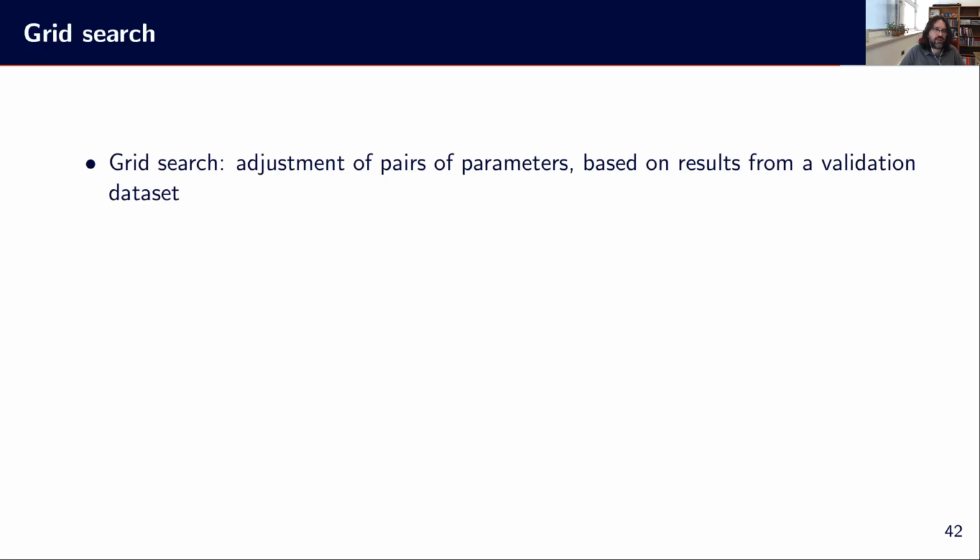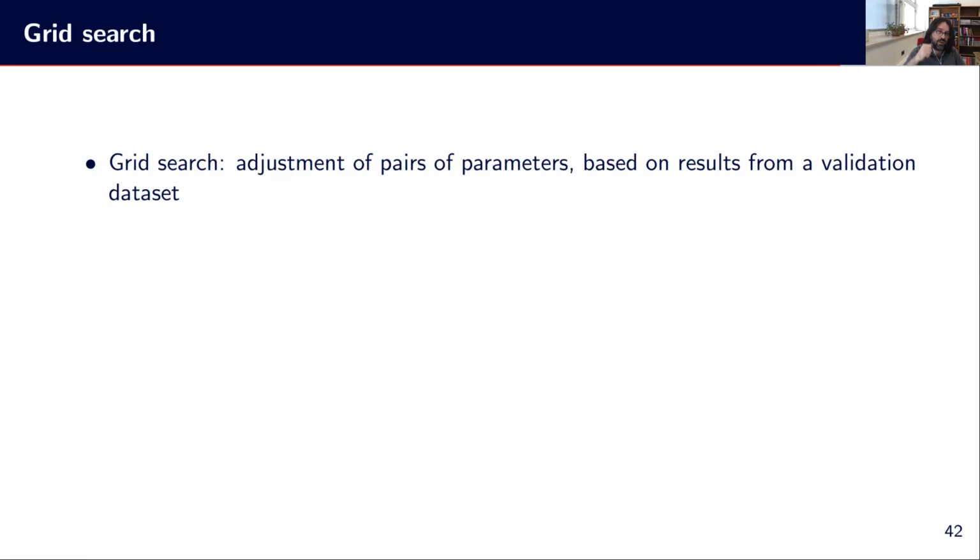Grid search is the idea that we take all pairs of parameters and test all of them. Basically we make a grid. We have all the values for C, all the values for sigma, and we fill up the grid with all combinations of C and sigma that we want to test jointly.